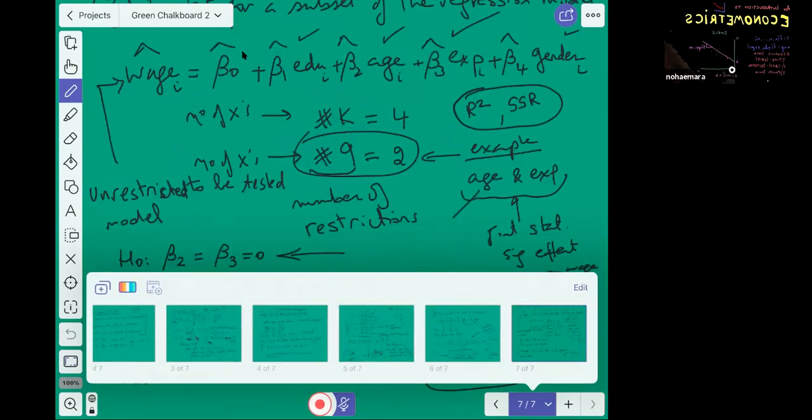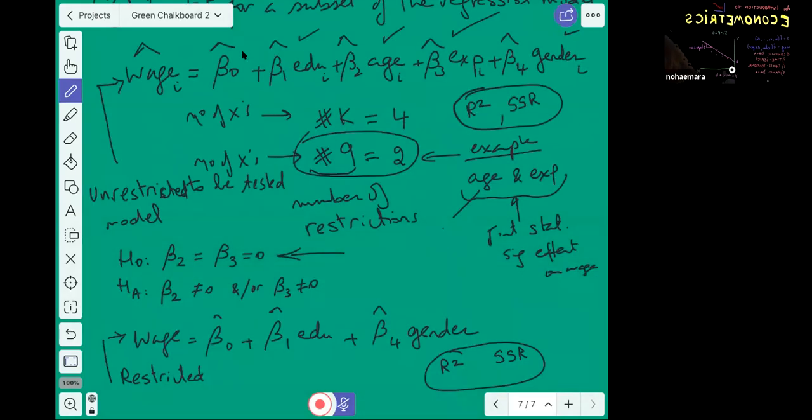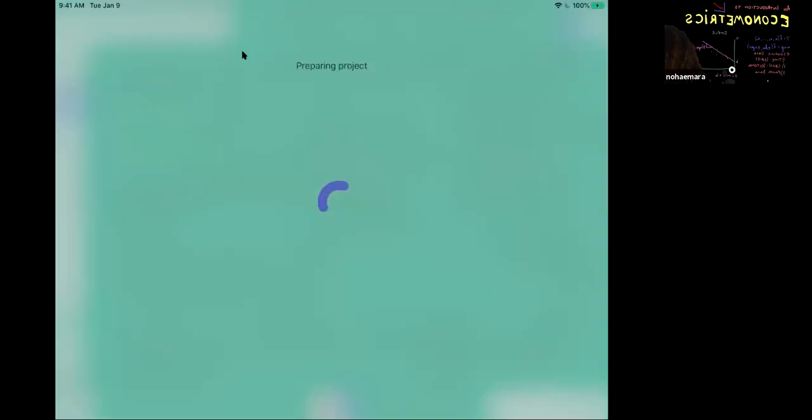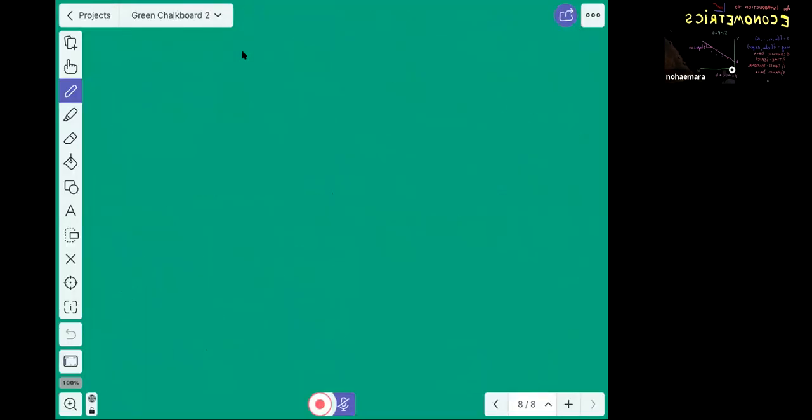So that brings us here. I can use R square or SSR. These measures of fit are the unrestricted measures of fit, and these are called the restricted measures of fit. And this brings us to the formula. So we have a formula for the F statistic when I'm doing my test on a subset of coefficients.